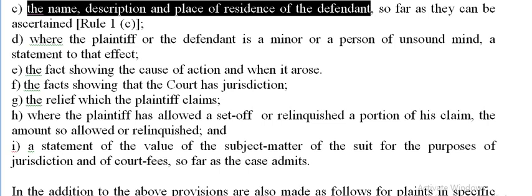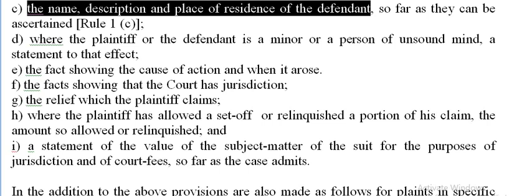And E, the facts showing the cause of action and when it arose. So we have to write in our plaint the facts showing the cause of action, and also mention when it arose.